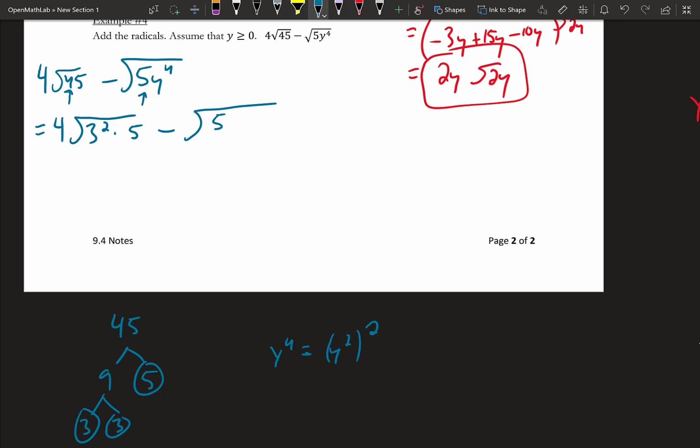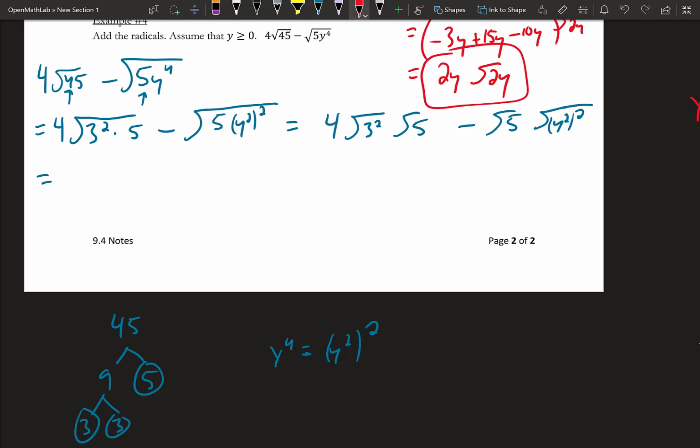So that would be 5 times y squared squared. So then this would become 4 times the square root of 3 squared times the square root of 5 minus the square root of 5 times the square root of y squared squared. Right, so just using that multiplication property of radicals.